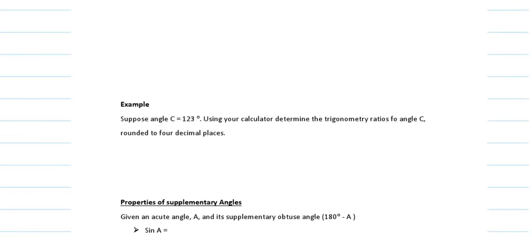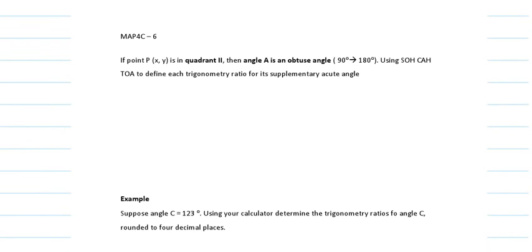If point P is in quadrant 2, then we said that angle theta is an obtuse angle, right? We did just do that, but I'm going to redo it right here. So x is negative in this case.